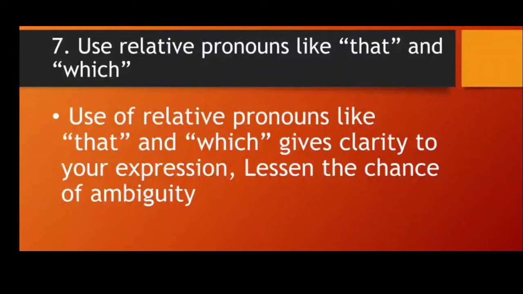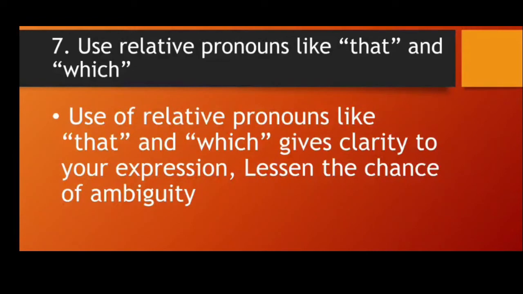The seventh tip is to use relative pronouns like that and which. Even if you don't need them, they may improve understanding. For example, "The software that he licensed expires tomorrow" is clearer than "The software he licensed expires tomorrow."